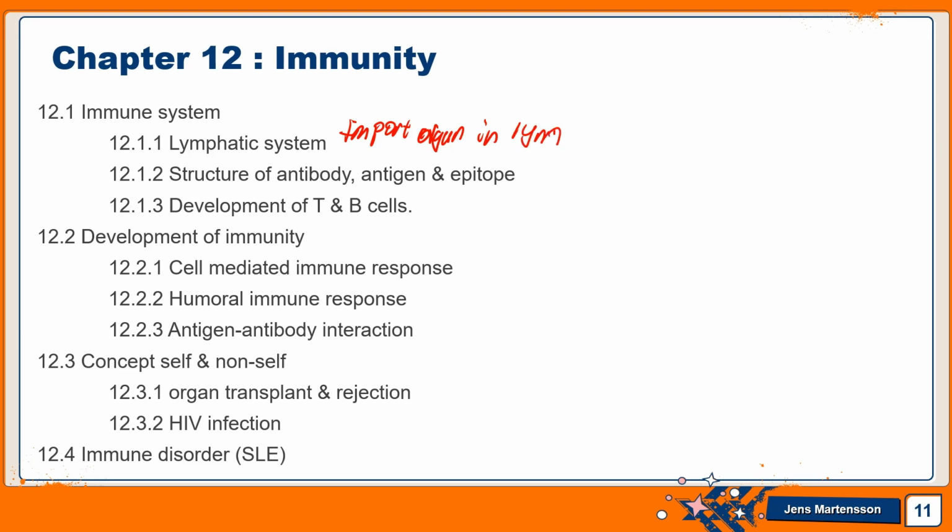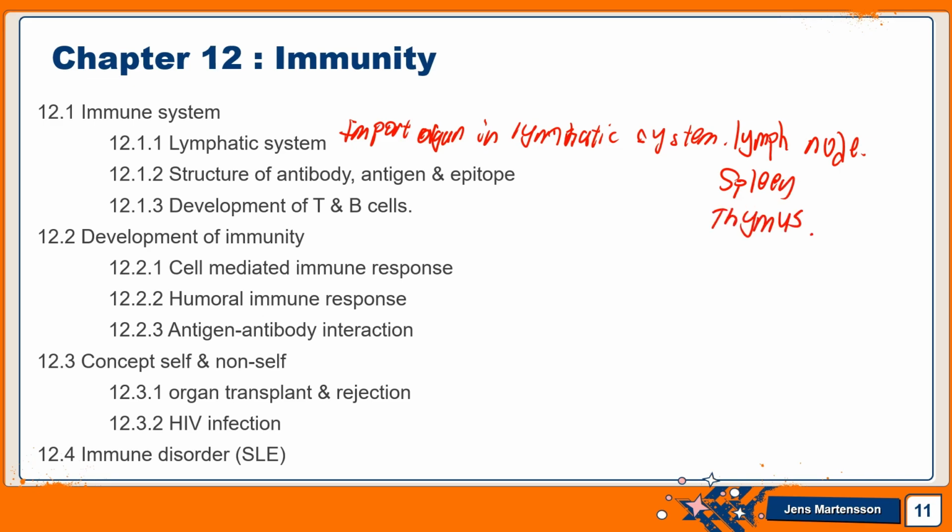I think the most popular is the lymph node. Lymph node is one of the organs in the lymphatic system. There are also the spleen and thymus. You have to learn this lymphatic system.